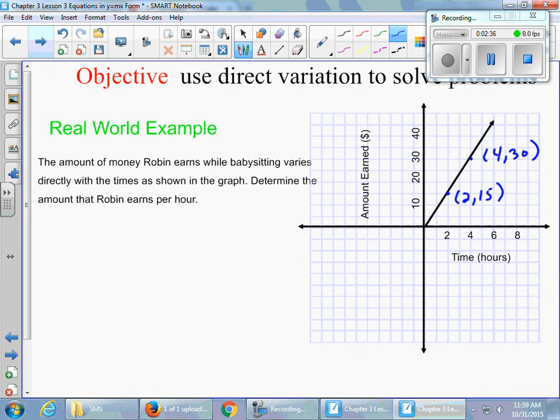Okay, we're going to use these points now. Let's put them in y over x. m equals y over x. Our first one, we're looking at 2 and 15, so we have 15 over 2. And our second one, we have 30 over 4.